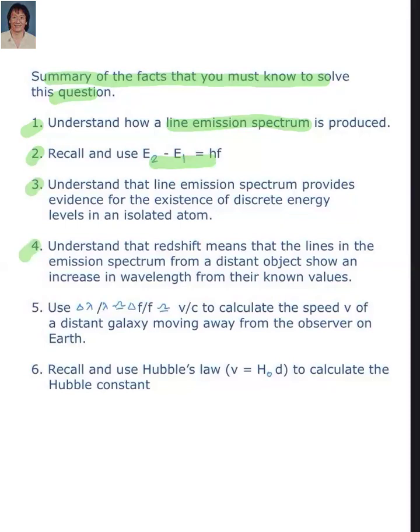Number 4, understand that redshift means that the lines in the emission spectrum from a distant object show an increase in wavelength from the known values. Number 5, use delta lambda over lambda approximately equals delta frequency over frequency approximately equals v over c to calculate the speed v of a distant galaxy moving away from the observer on Earth. And finally, we can use Hubble's law, which is v equals H0 D, to calculate the Hubble constant.